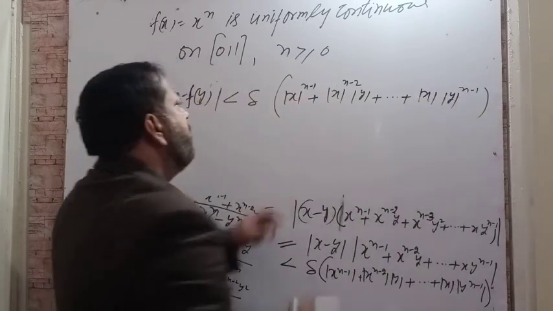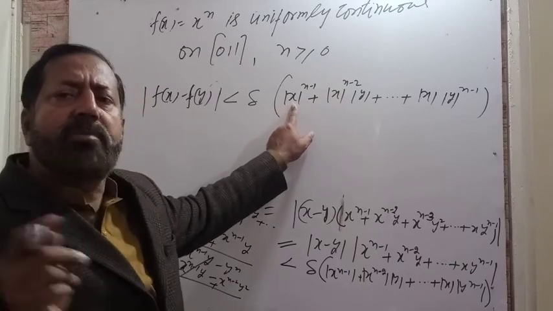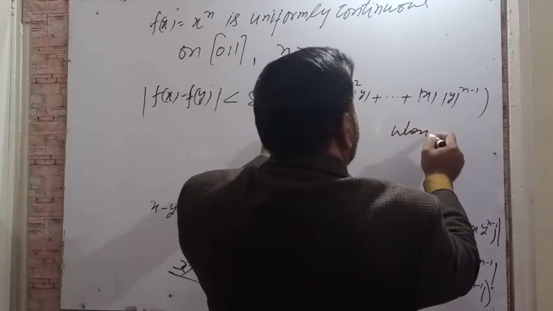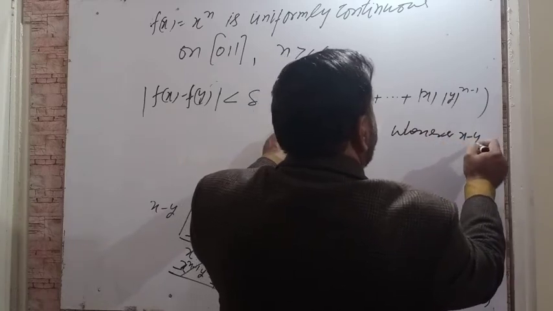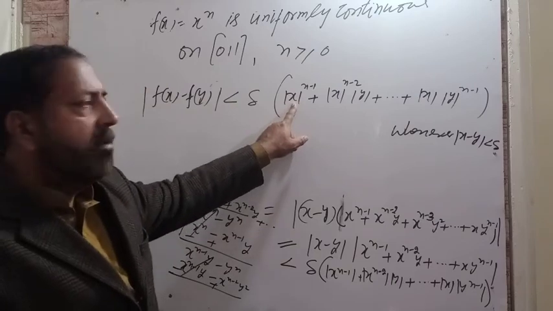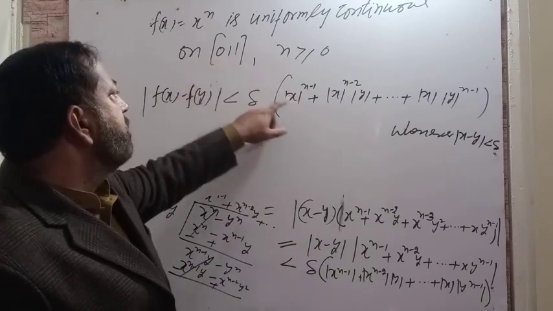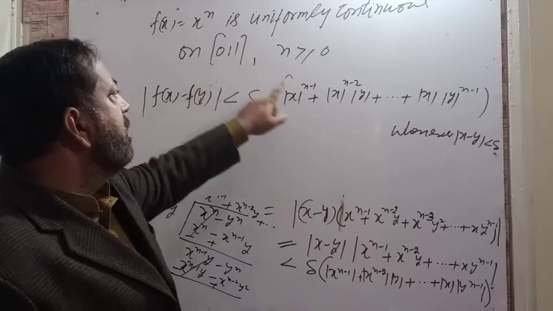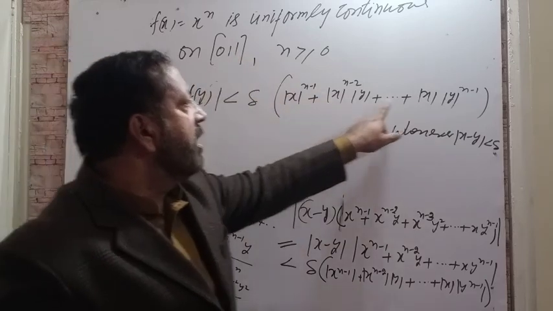Now, if I use the maximum value, because x belongs to this interval, its maximum value is 1. So instead of this, I put 1. This is 1, this is 1, and so on.